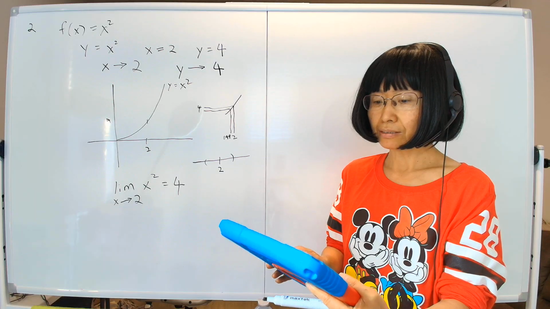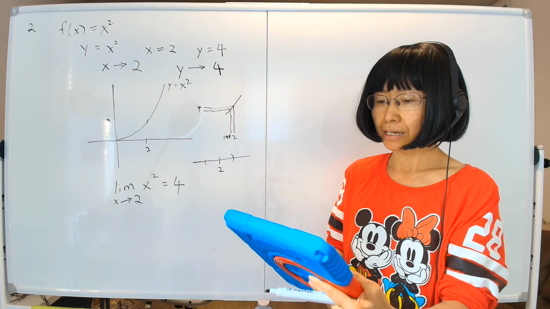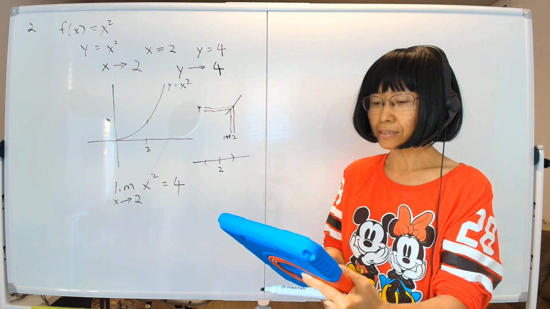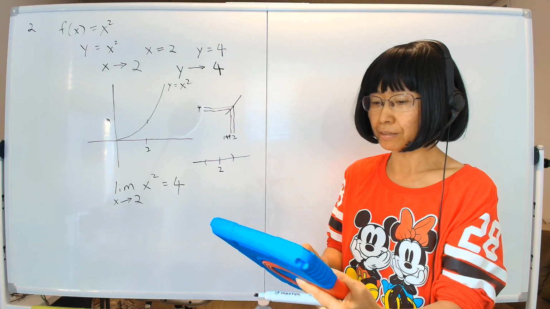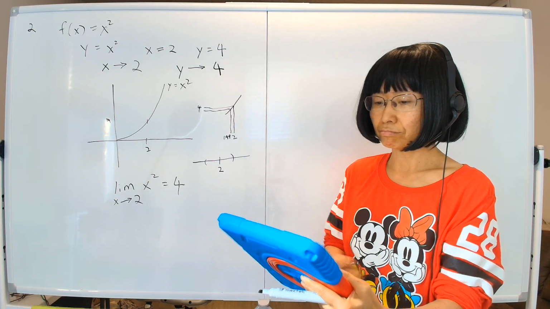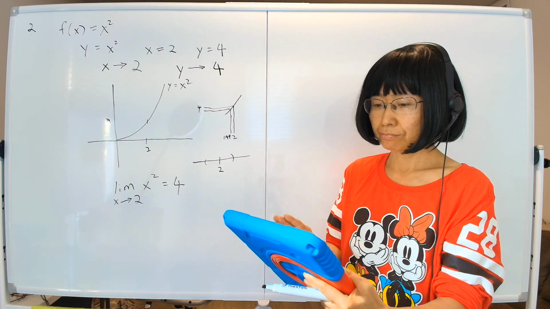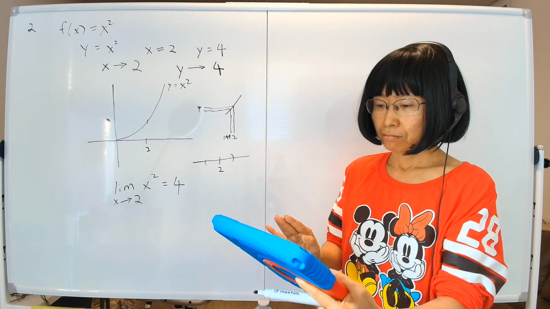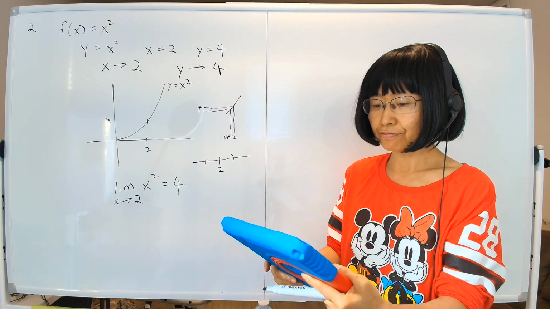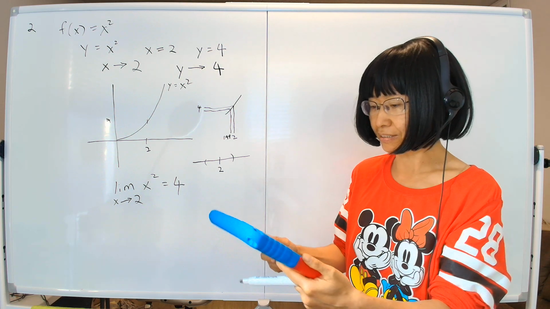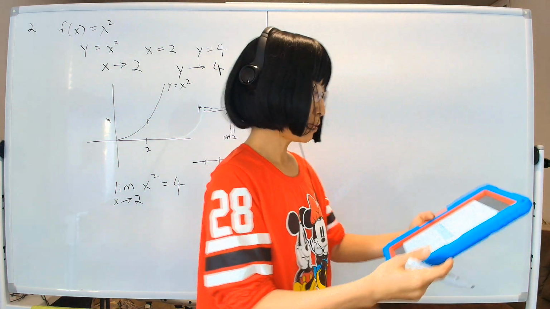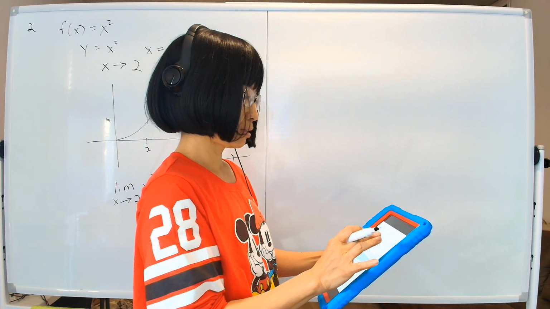Now the concept of the limit is so, as a result, when you calculate some limits, then okay, let's go to the first theorem of limits. Okay, now the first theorem of the limits, this is on page 141.